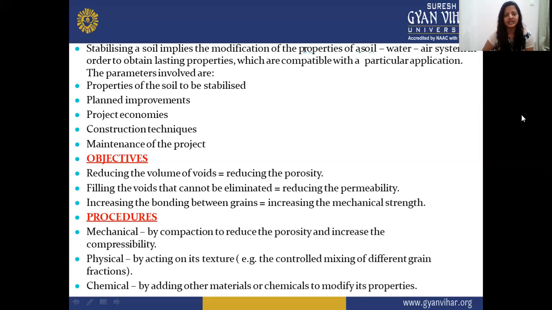Procedures: mechanical, by compacting to reduce the porosity and increase the compressibility. Physical, by acting on its texture, that is the controlled mixture of the grain, different grain fractions. Chemical, by adding other materials or chemicals to modify its property.